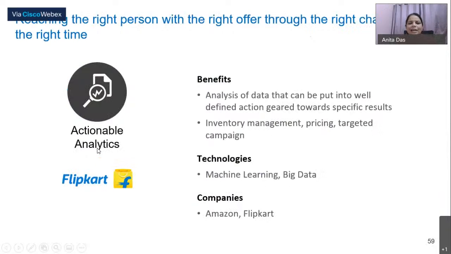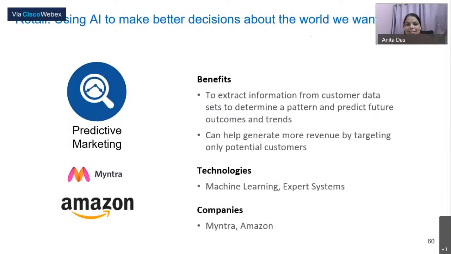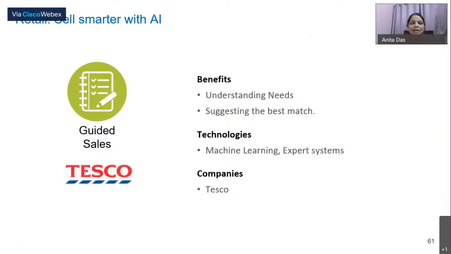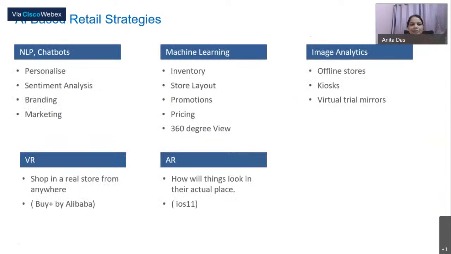Similarly, actionable analytics, predictive marketing: depending on various things, various occasions, the models can predict what kind of requirement you have. Accordingly, the manufacturers will manufacture the product, and the business can be done. Similarly, guided sales, all these things are there.